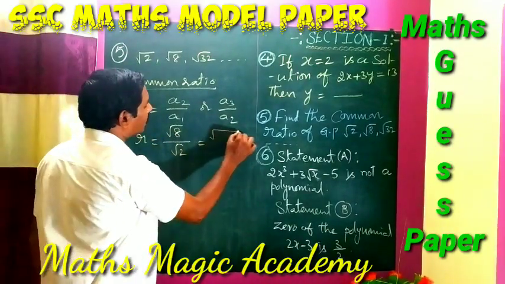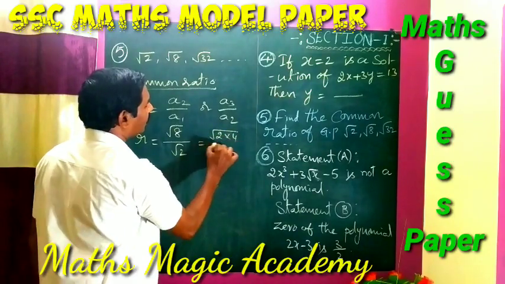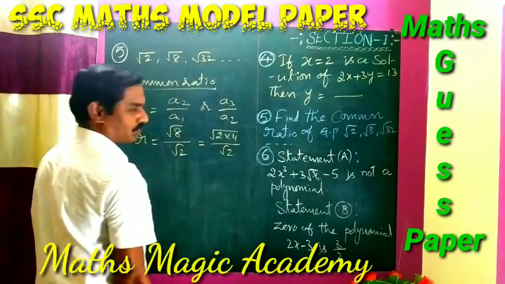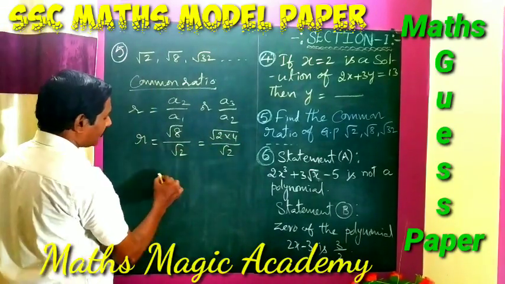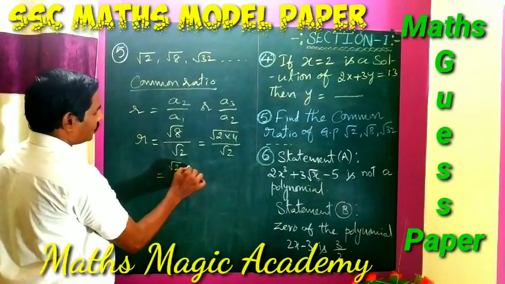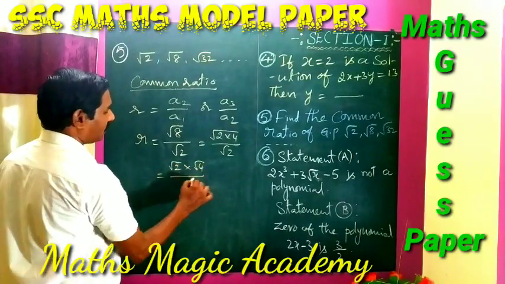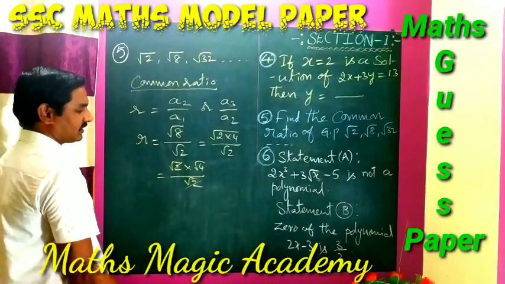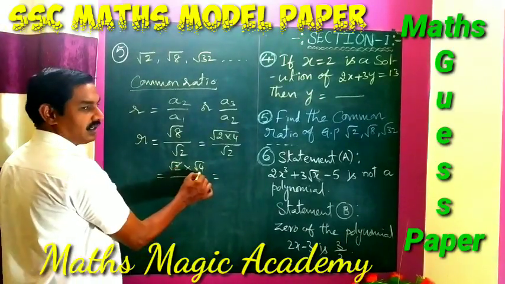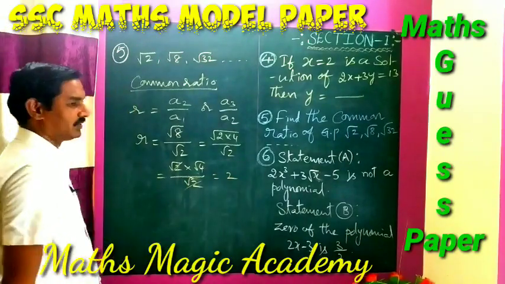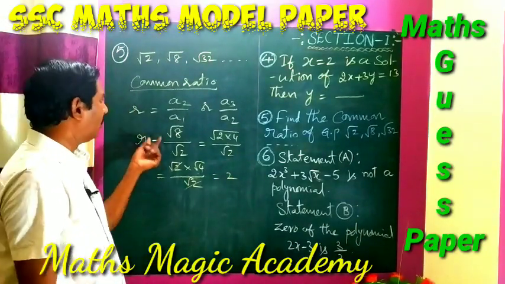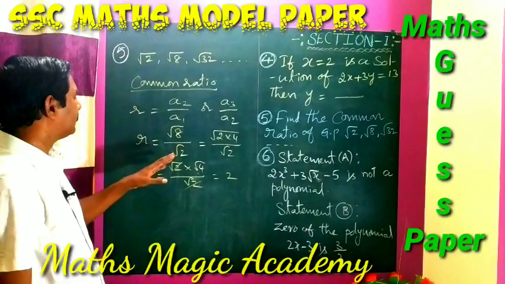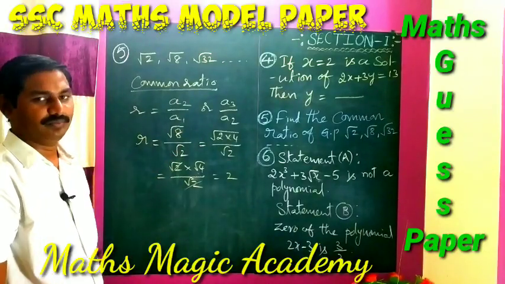That means root of 2 into 4 by root 2. So this can be written as root 2 into root 4 by root 2. So here root 2 gets cancelled. What is root 4? Root 4 value is 2. That means the common ratio of this series is nothing but 2.